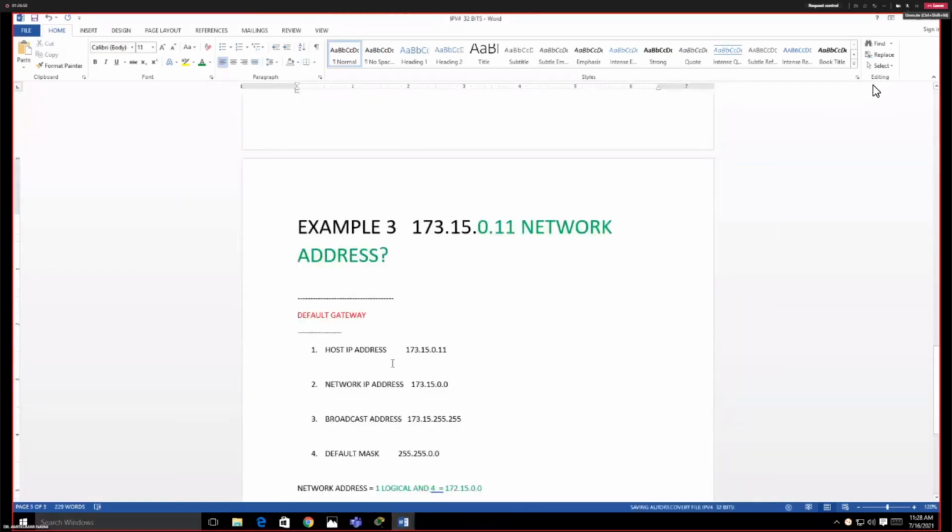what will be the default gateway for example number 3? Can I consider 173.15.0.1, the router's IP?